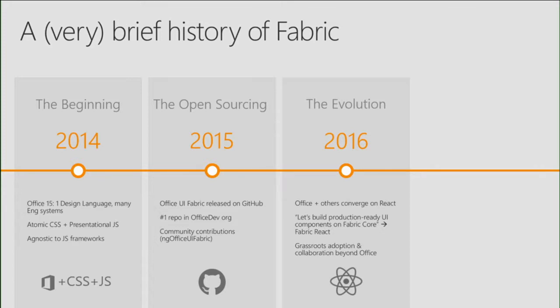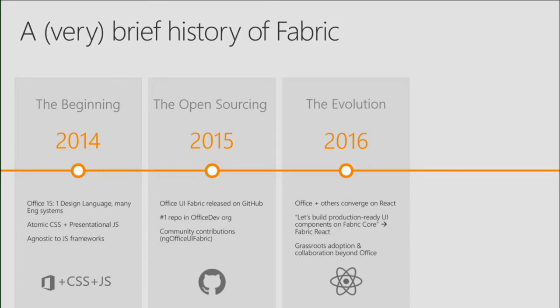Then, if we fast forward to last summer, mid-2016, something really awesome happened. Many product teams across the company, within Office and beyond, started reevaluating the front-end tools and technologies that we use. Maybe we shouldn't be using our own internal JavaScript framework. Maybe we should consider consolidating.